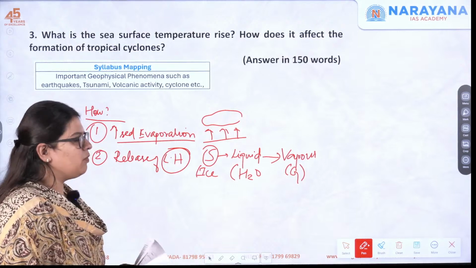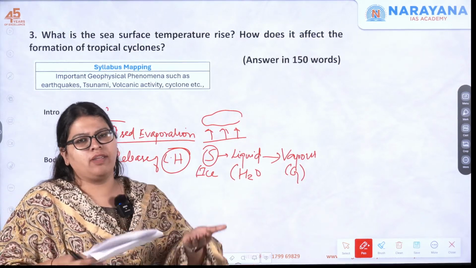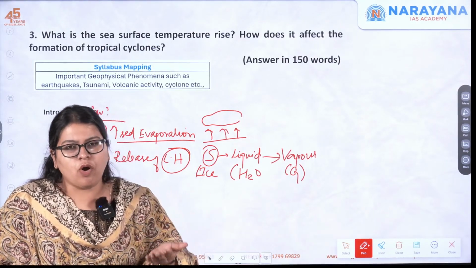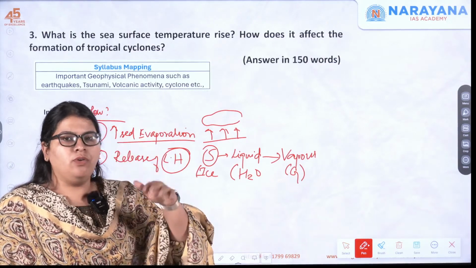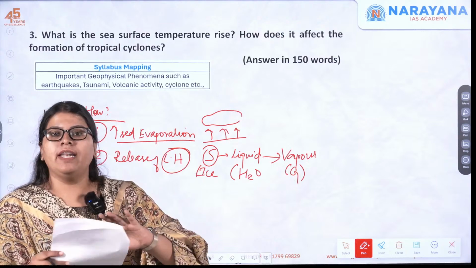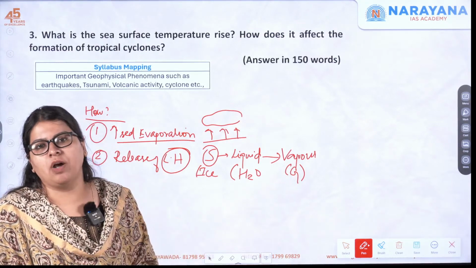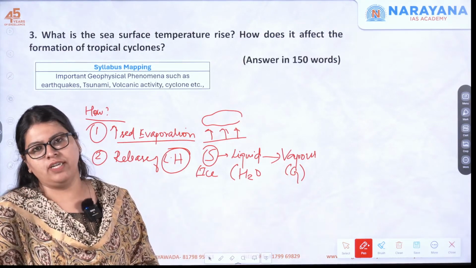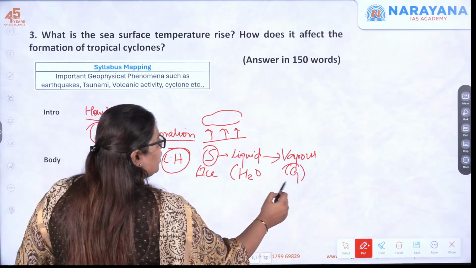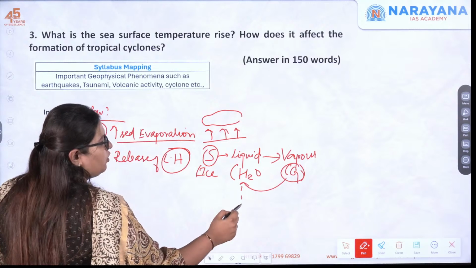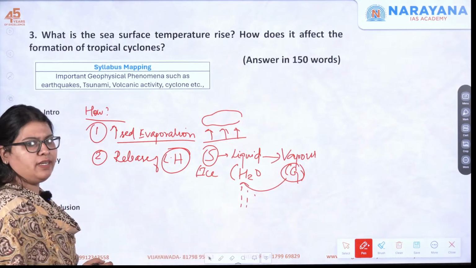Now what happens when there is more and more evaporation of water? Water becomes moisture, and moisture gets into the upper atmosphere. Then it condenses to form clouds. Condensation is the conversion of this moisture into water. Then only you will have rain or precipitation.